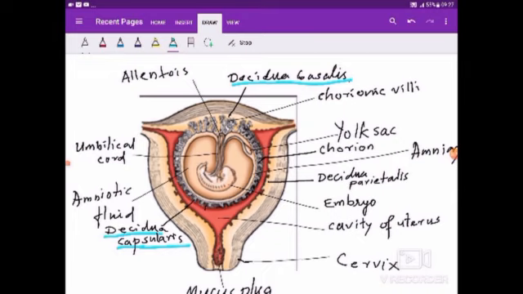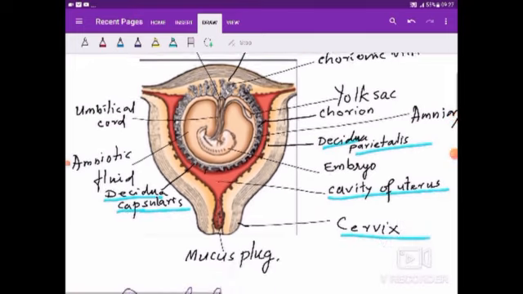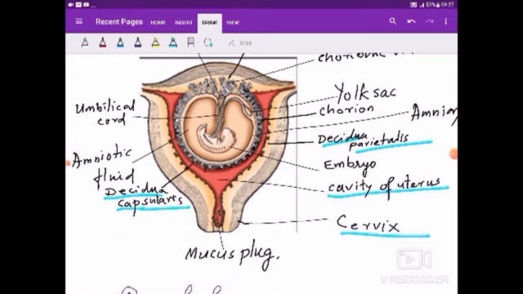And the endometrium which is there on all the sides lining the remaining part of the uterus is called decidua parietalis. Okay, and then this is the cavity of the uterus, cervix, and the cervical canal is blocked by a thick mucus, that is called mucus plug.